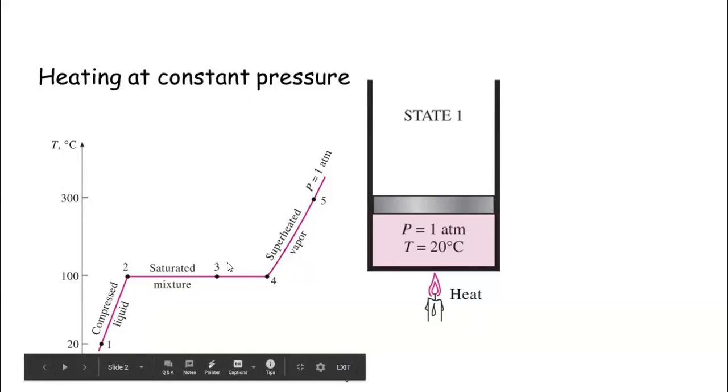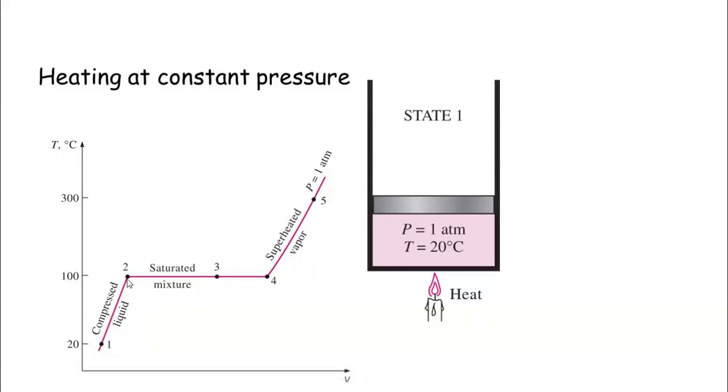The specific volume increases from v1 to v2. Then it increases a lot between v2 and v4, because now there is a phase transformation, and you know that vg is much greater than vf. The typical value of vf is around 0.001 meter cube per kg, whereas the vg value would be many times greater. The specific volume of superheated steam is also greater.